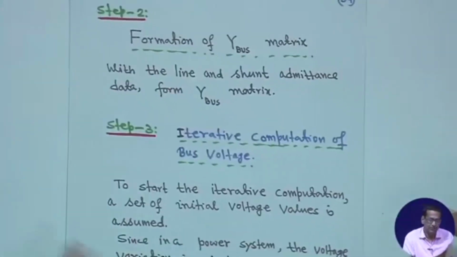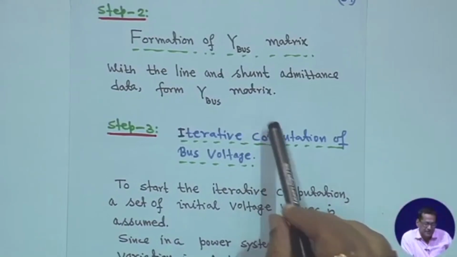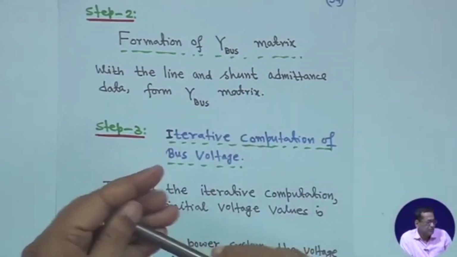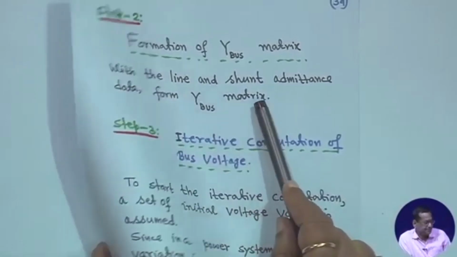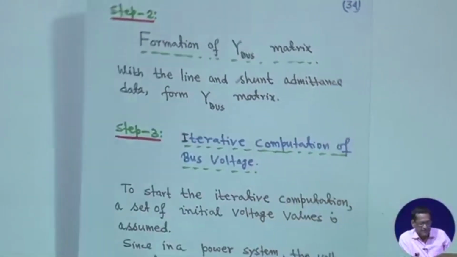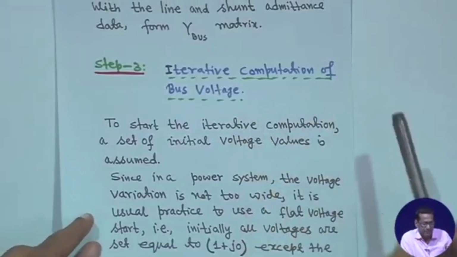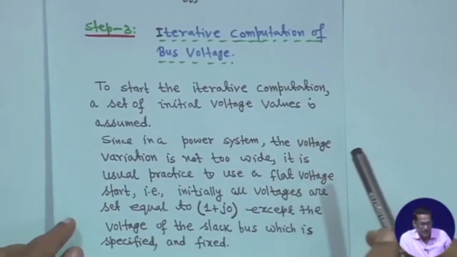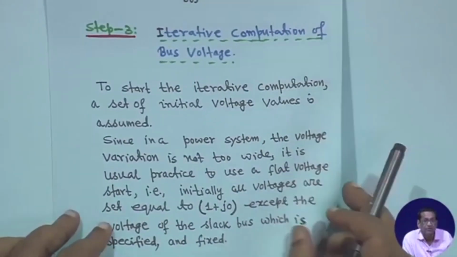Second step is you form the Y bus matrix, that is, line parameters are given. Then third step is the iterative computation of bus voltage. To start the iterative process, you have to go for a flat voltage start.